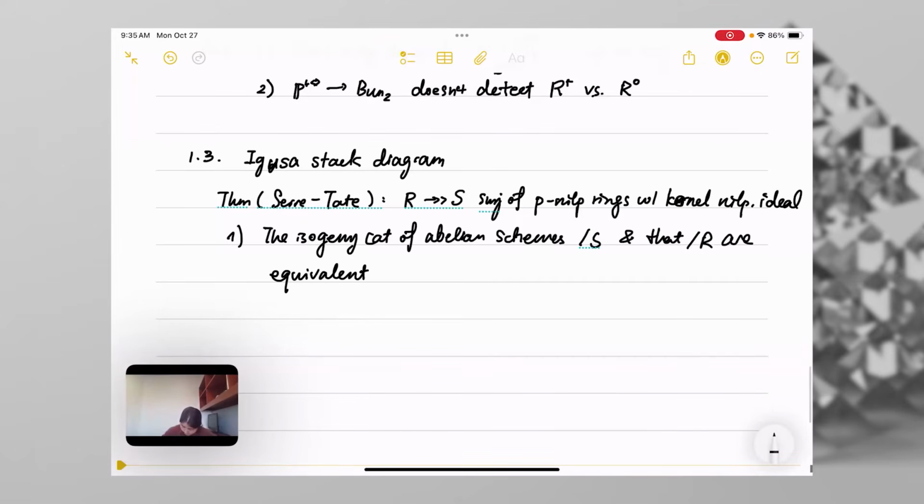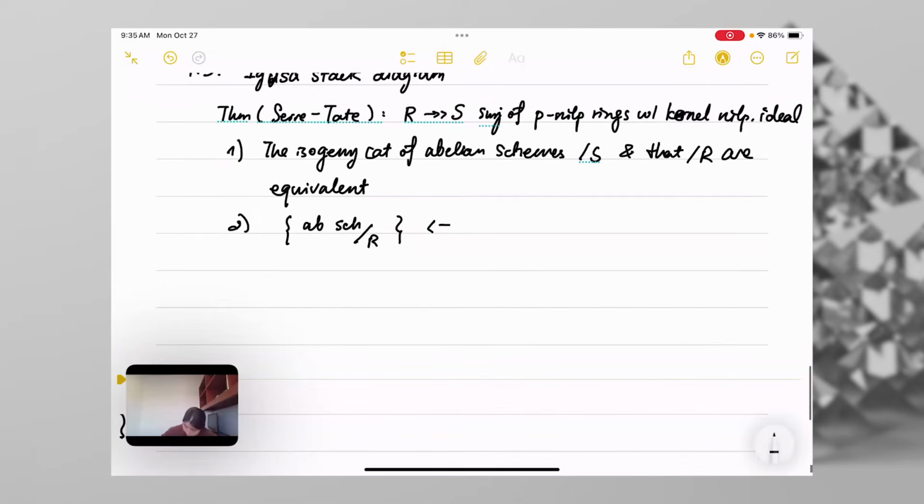And second, the category of abelian schemes over R is equivalent to the category of triples consisting of an abelian scheme over S and a p-divisible group over R, together with an identification of the p-divisible group of A with the base change of H to S. So in other words, deforming abelian schemes from S to R is the same as deforming their p-divisible groups.